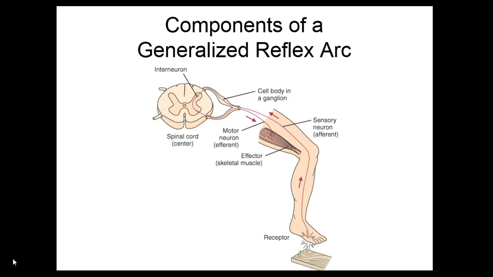The receptor nerve picks up the information, like this person here is stepping on a nail, transmits it quickly up to the spinal cord, where there's an interneuron type of junction that shortcuts that information and then sends a response, such as drawing your foot back up off of that nail, by sending it down to a cell body ganglion, which then stimulates the effector muscle to withdraw the foot.